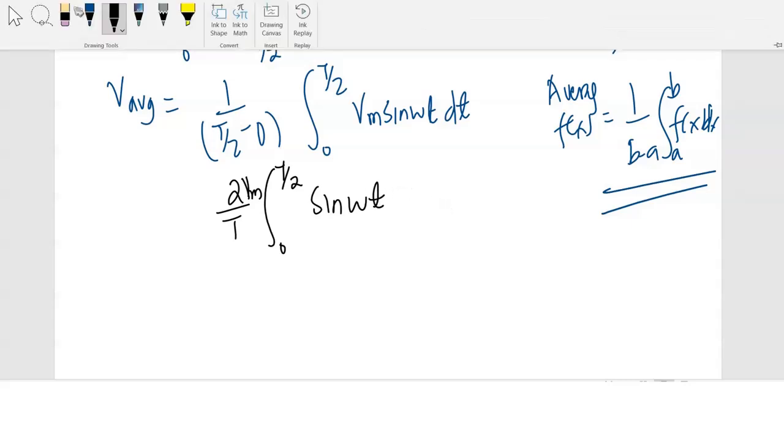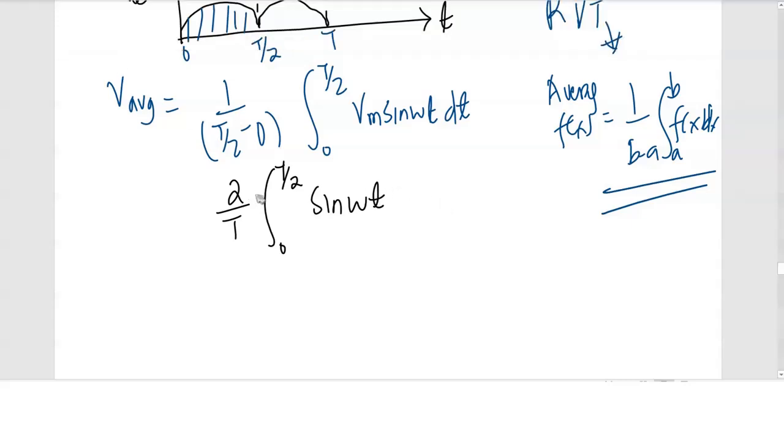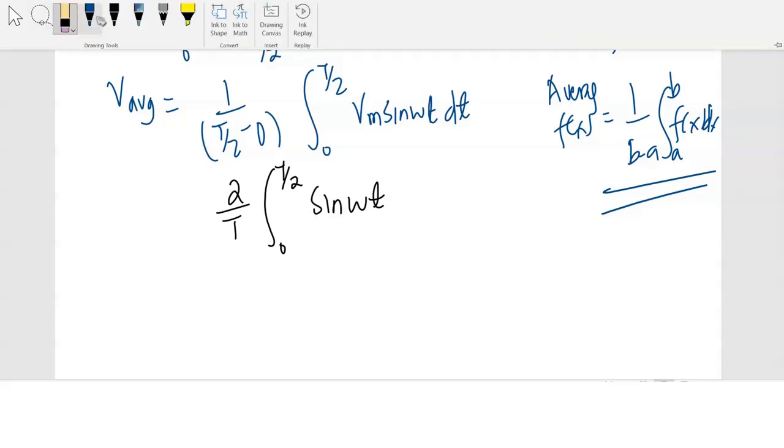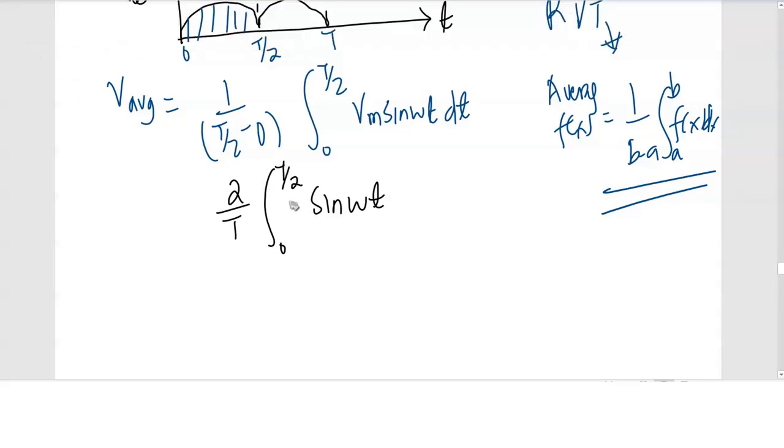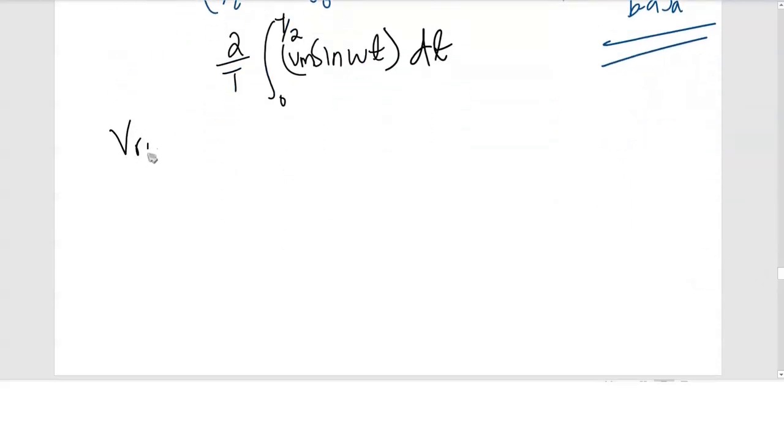Actually, let this Vm first remain inside, so that we do some manipulation with respect to t. Now, when we talk about the VRMS, we're talking about the square root of the mean of the square.